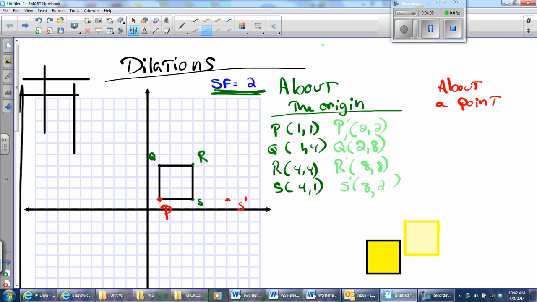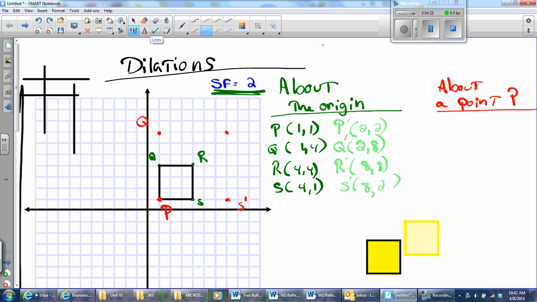So there's the new S. When I do it about the point P, the point P doesn't move, but the lengths and widths increase or decrease by the scale factor. 4, 6, I believe right there will be the new Q. Now to figure out the new R, I know it's a square, so I can just go right there.